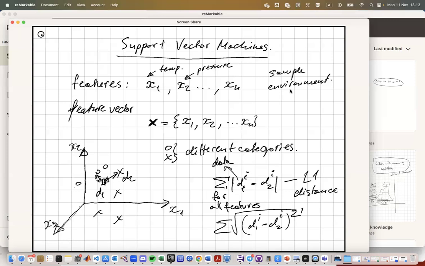This is also for all the features. The square root should obviously be outside the sum. In this case, we have the Euclidean distance, L2 distance.